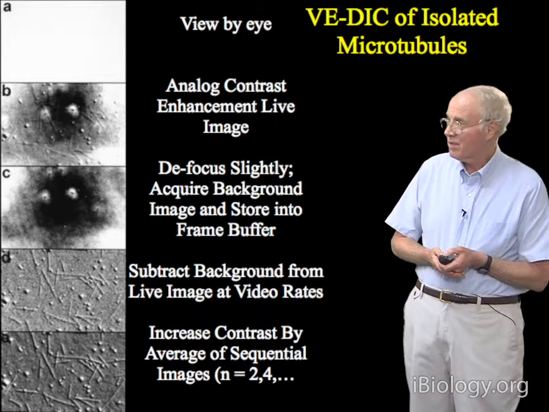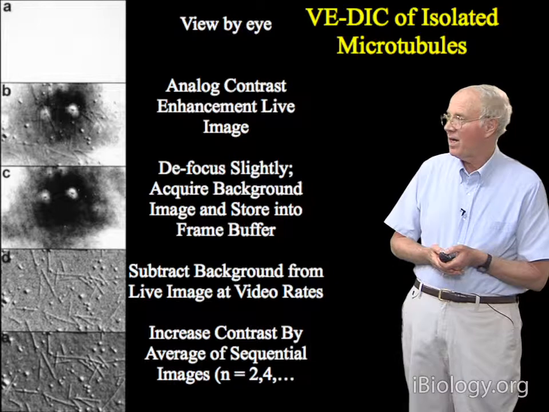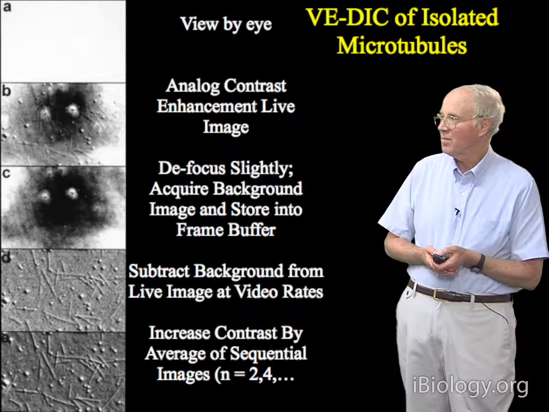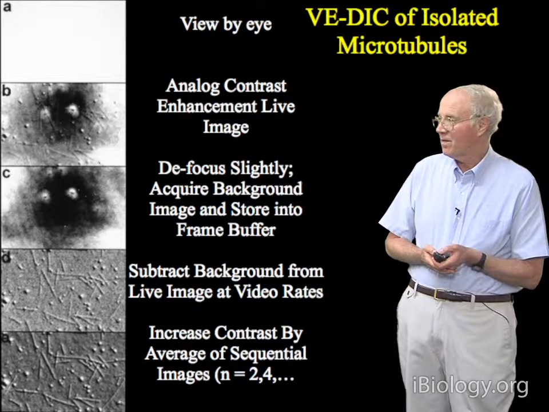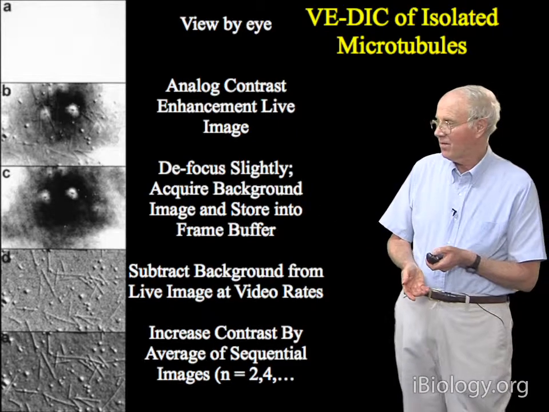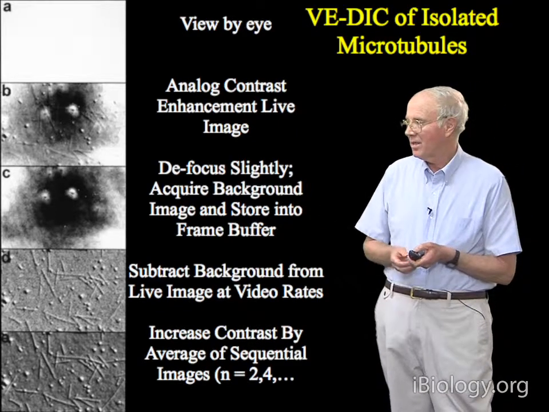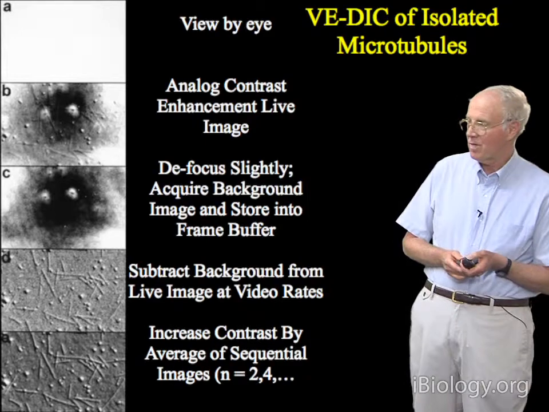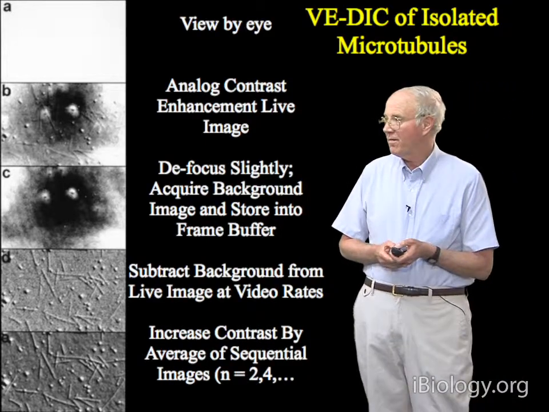And so this just summarizes this: the view by eye, analog contrast enhancement, or this is a slightly defocused image to store the background image. This is after subtraction of the background, and you can look at live video rates, and this is the image increased in contrast by sequential averaging.